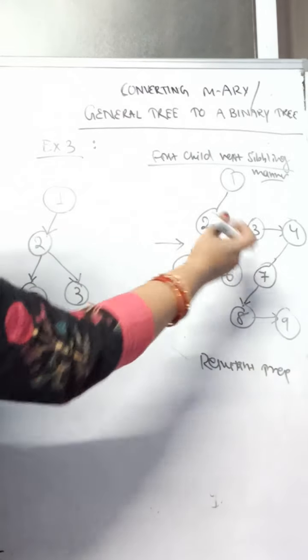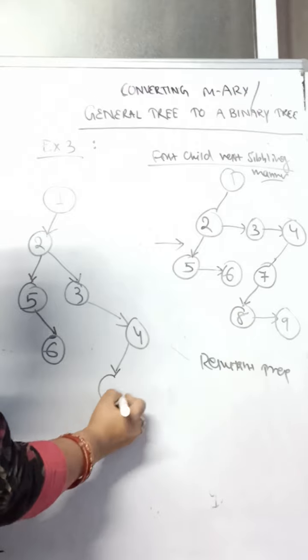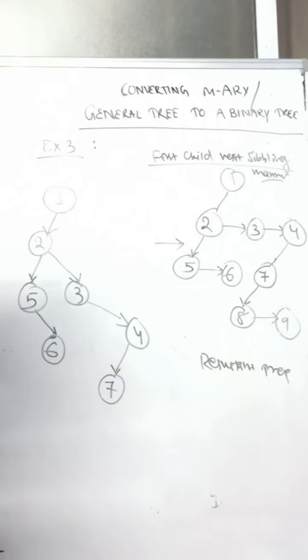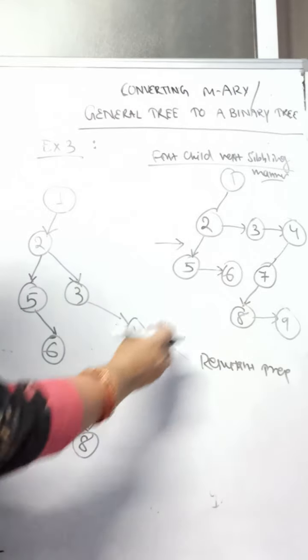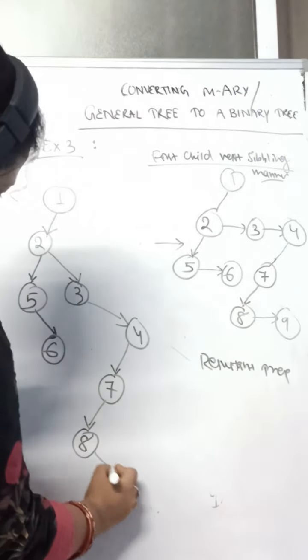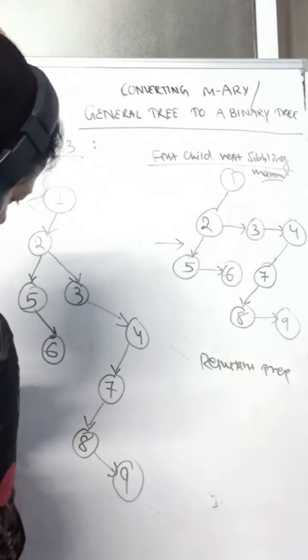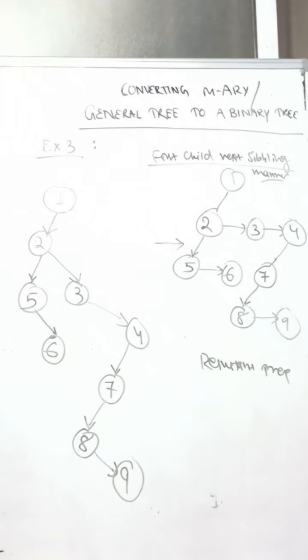Then 4's left child is 7, then 7's left child is 8, then 8's right child is 9. Now this will be accommodated. This is my binary tree from the general tree.